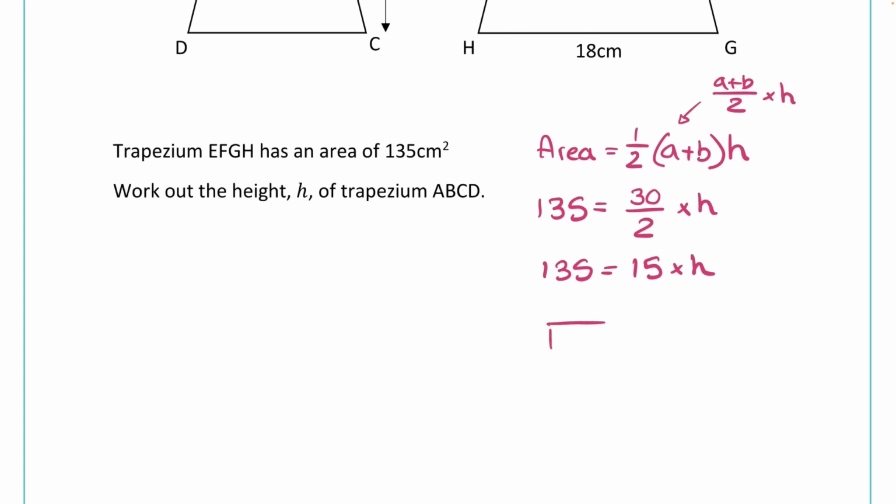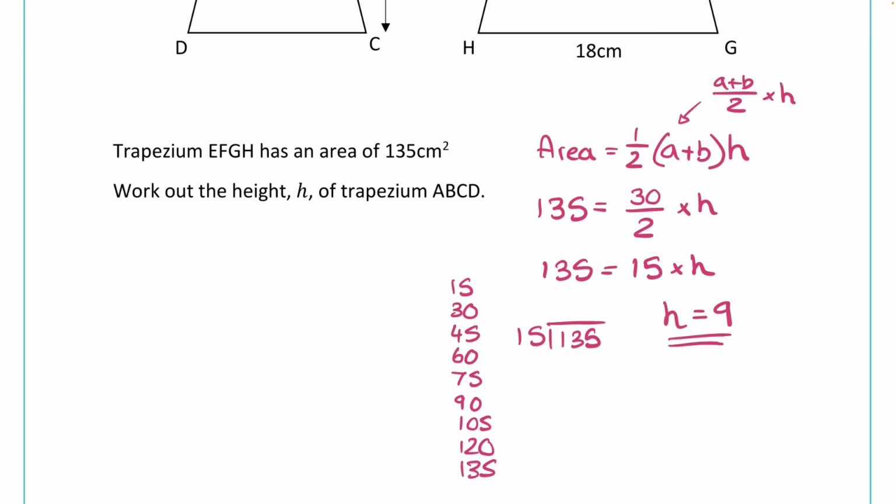So I can do some bus stop division for that, which doesn't really help because 15 doesn't go into 13. So I'll have to just do some multiples of 15 if I don't just know it. So 15, 30, 45, 60, 75, 90, 105, 120, 135. So that's 1, 2, 3, 4, 5, 6, 7, 8, 9 times. So there we go. h is equal to 9.